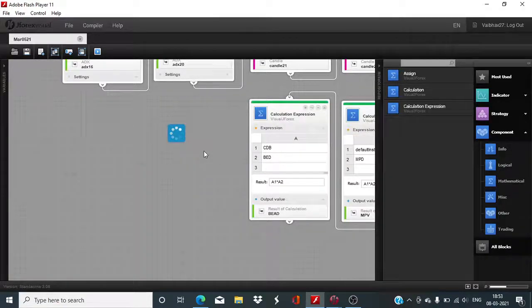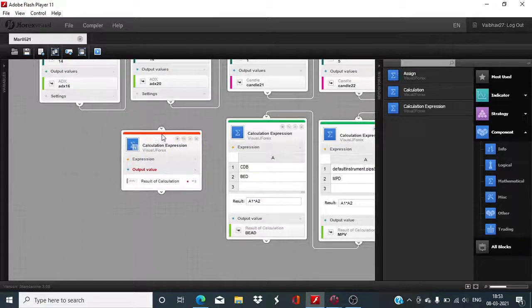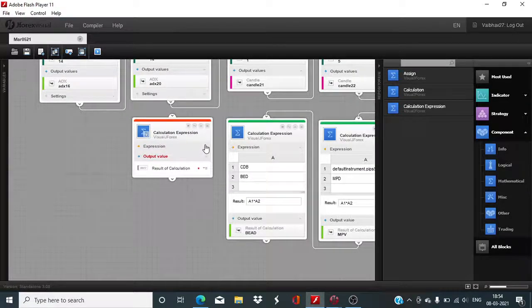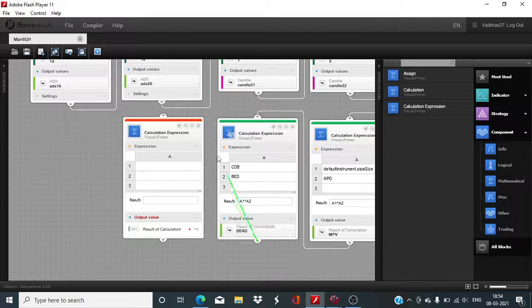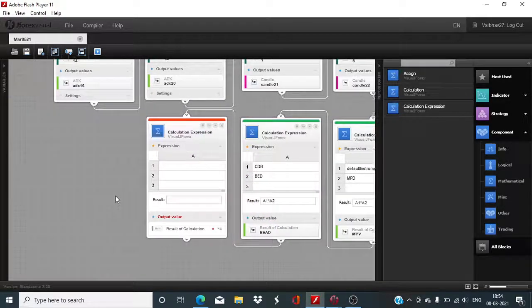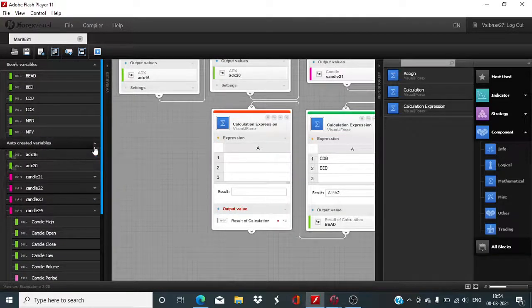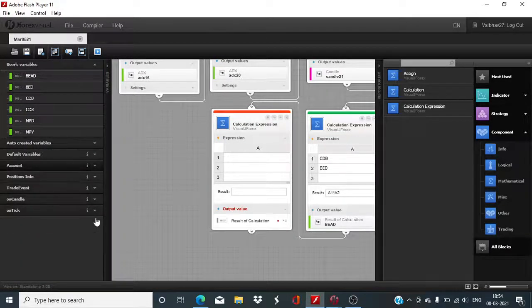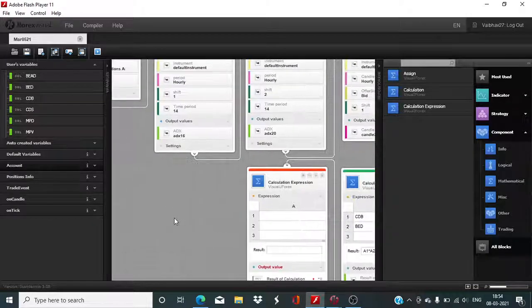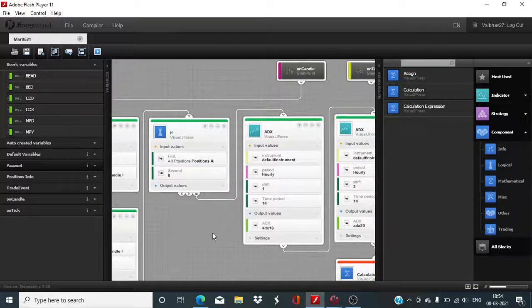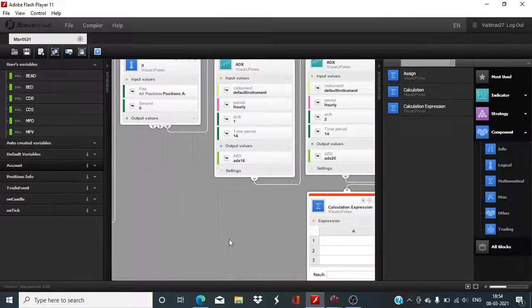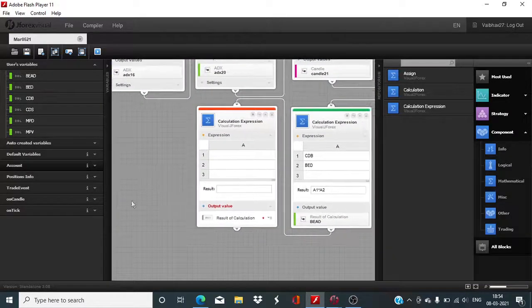So for that, I have to take another calculation expression block, and there we'll use on candle. We can use on tick as well as on candle, so it won't make much of any difference.